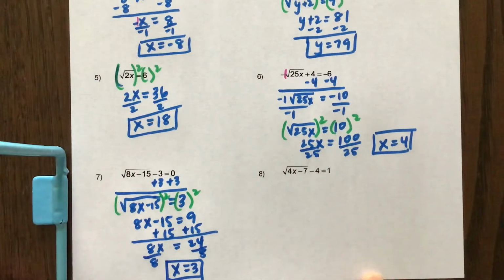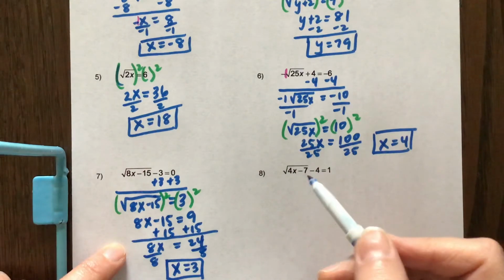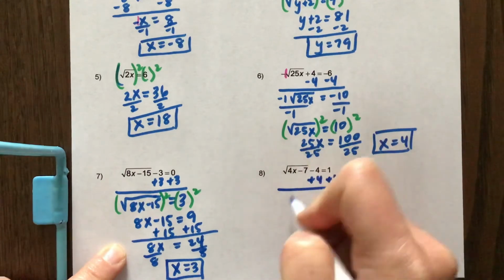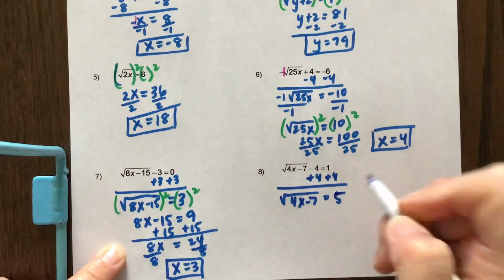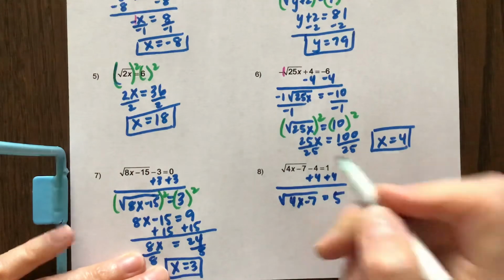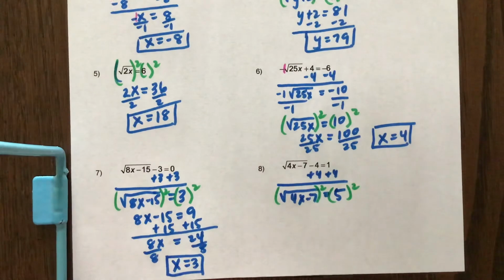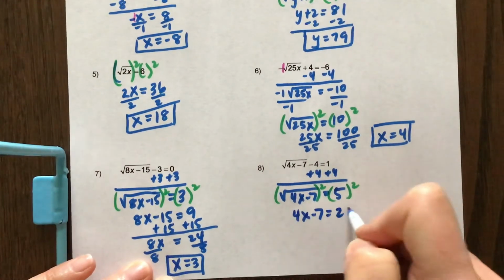This last equation on number 8, very similar to number 7. So hopefully at this point you're saying, well, I know what to do. I need to isolate this radical symbol, so that means we'll have to start by adding 4 to both sides. So the square root of 4x minus 7 is equal to 5. And you're saying, hopefully, well, I know that I've got this isolated, so now my next step is to square both sides of this equation, which gives us 4x minus 7 equal to 25.